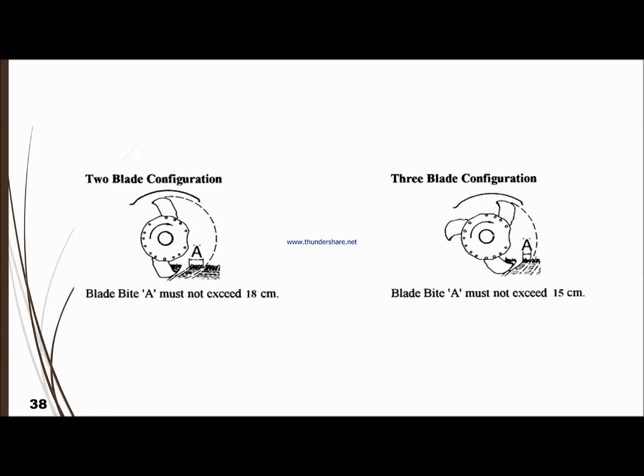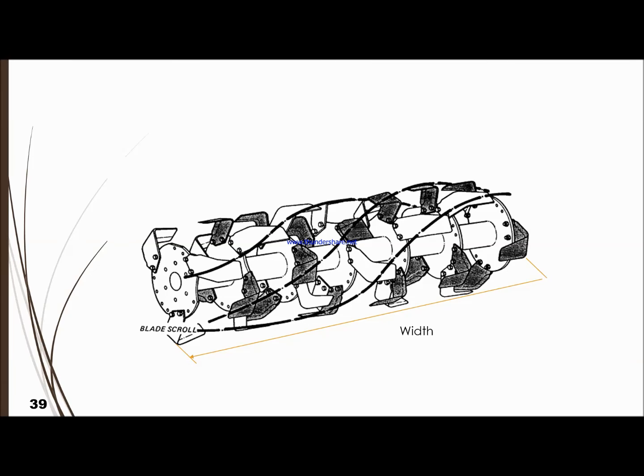For the two blade configuration, you can have blade bite A, which is not to exceed 18 centimeters, or a three blade configuration. Okay, this is another example.